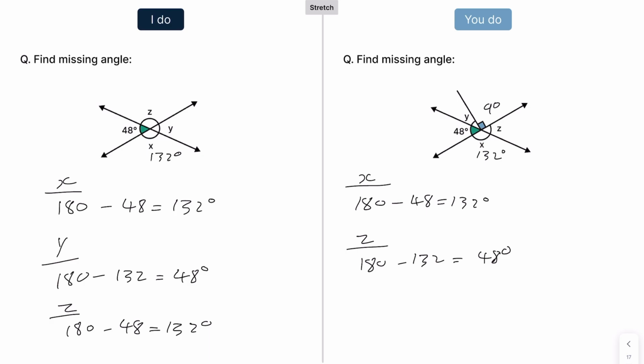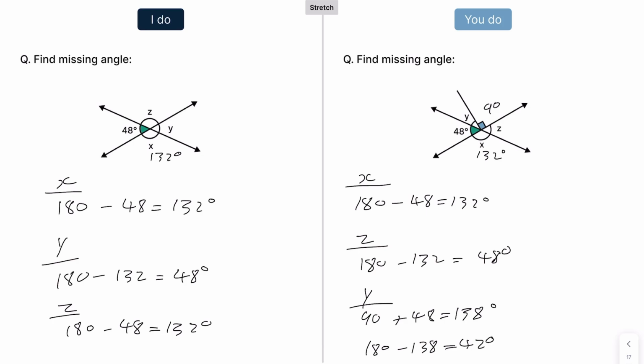So I can even find Y using this line here now, because I know what Z is. So I know Z is 48, I know that is 90, so I know that Y is going to be 180, take away the sum of 90 and 48. So for Y, we can do 90 plus 48, which is 138 degrees. And then 180, take away 138, and that gives you 42 degrees.